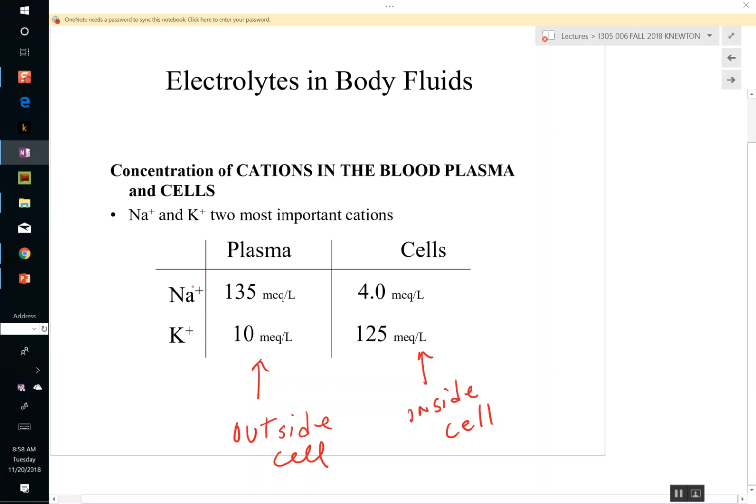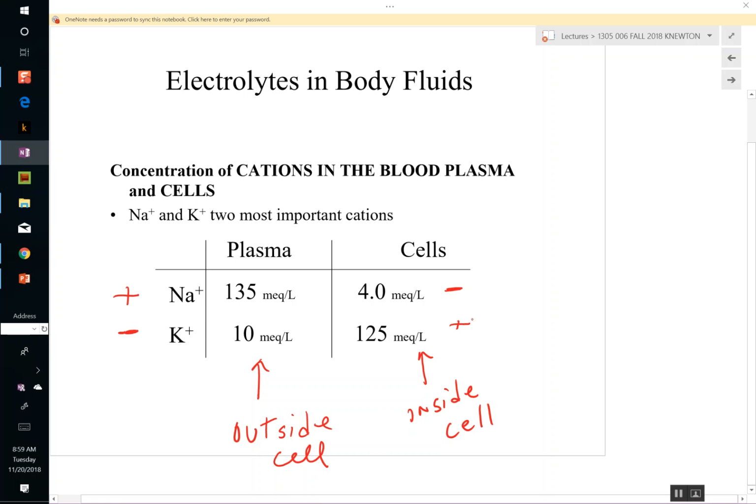But the sodium ion concentration and potassium ion concentration differ. In the plasma, sodium is high, and in the cell, it's low. And in the plasma, potassium is low, and inside the cell, it's high.